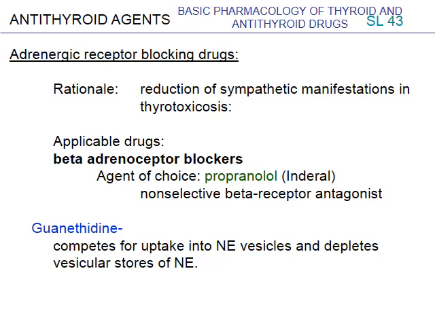Guanethidine can be used, which competes for uptake into norepinephrine vesicles and depletes vesicular stores of norepinephrine. The idea here is to block sympathetic stimulation or reduce it because thyroid hormone makes it work even better. So here, if you can get to the sympathetic side of the equation, you can perhaps reduce some of the toxicities.